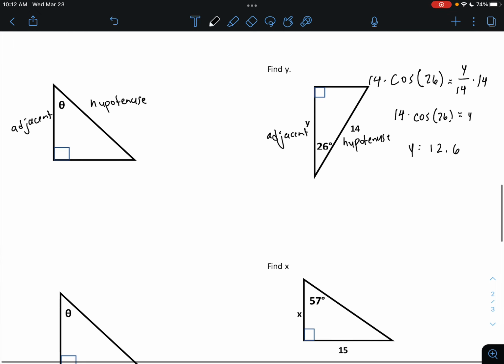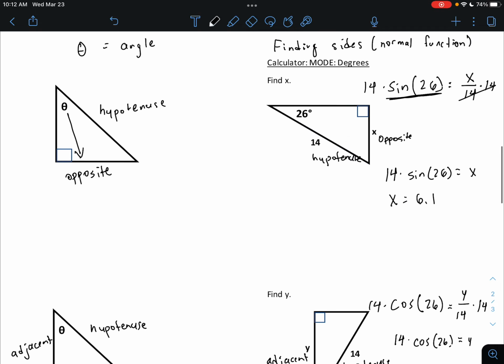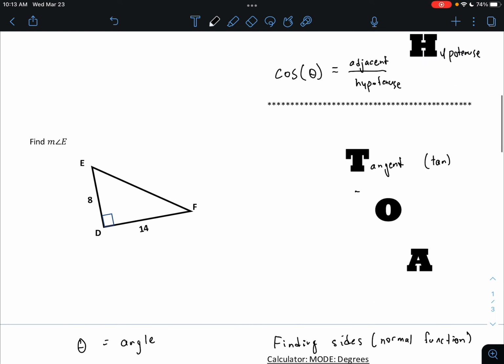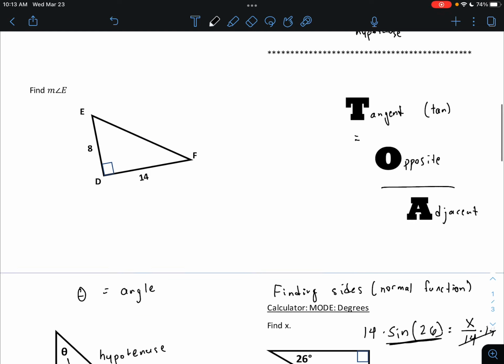Now the last function that we're going to be talking about is the tangent function. And the tangent, abbreviated tan, is equal to the opposite side, so that O still stands for opposite, divided by the adjacent side. So you're going to use the tangent whenever you don't have the hypotenuse and you only know the opposite side and the adjacent side.